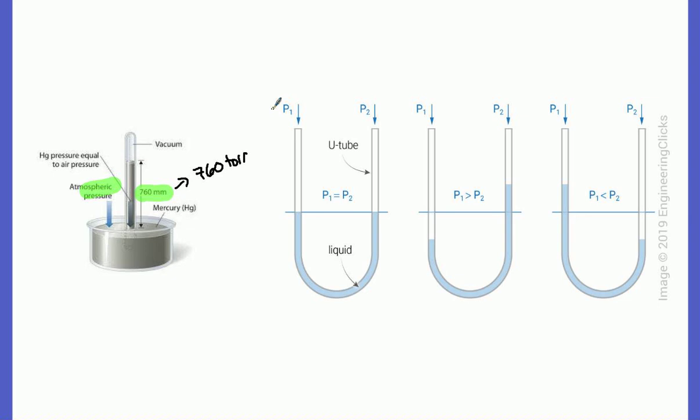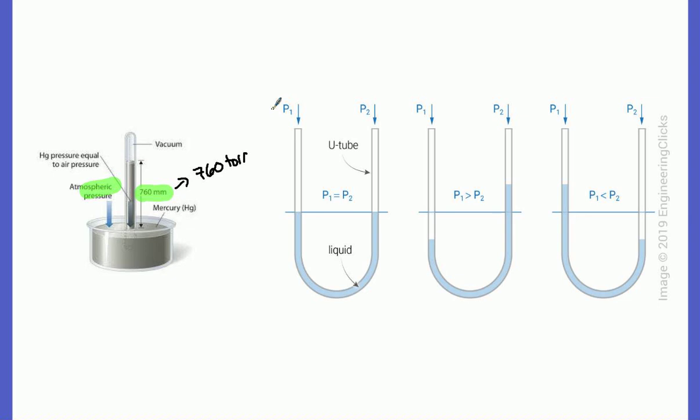This barometer must be at sea level at 0 degrees Celsius. Otherwise, if it wasn't at sea level, if it wasn't at 0 degrees Celsius, that pressure reading would be different. If you brought it up to our level, remember we're at 2,000 plus feet in our classroom, that pressure would be lower.